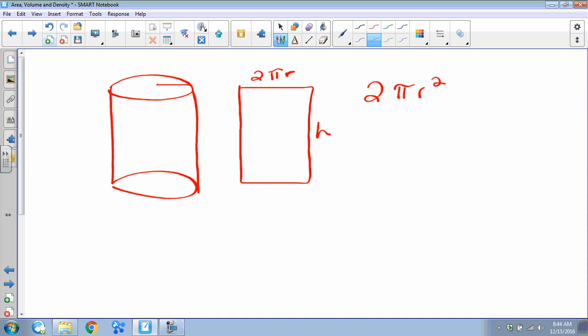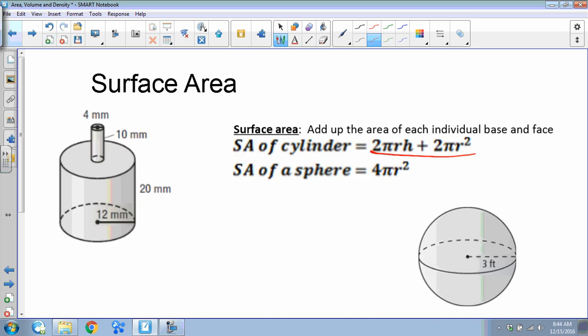So the area of the outside part is 2 pi r h. So that's where they get the surface area formula from, 2 pi r h plus 2 pi r squared. Because this covers the circles on top and bottom, and this covers the outside face of the cylinder. Does that make sense? Okay. So the surface area of the cylinder.